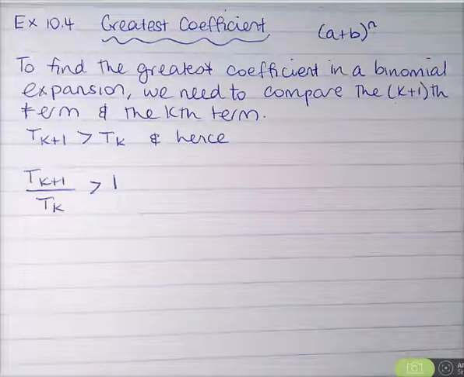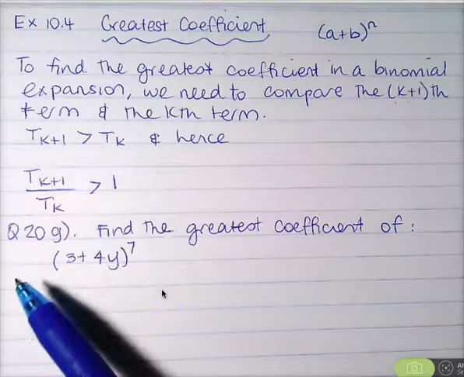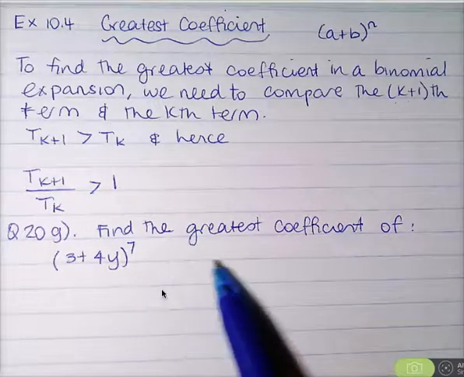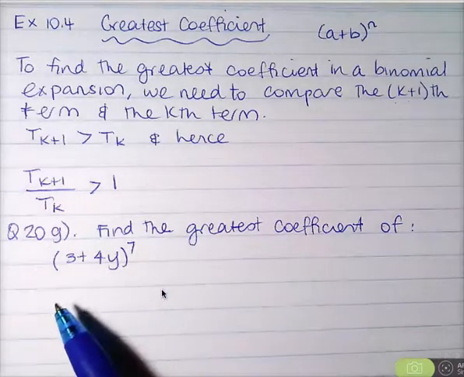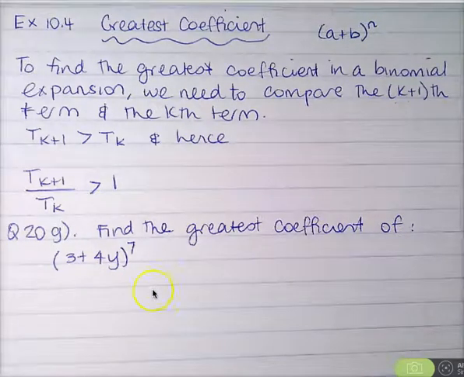So we're just going to do a couple of examples here. First example is from exercise 10.4. It's question 20G, and that question is to find the greatest coefficient of this expansion, (3 + 4y) to the power of 7.